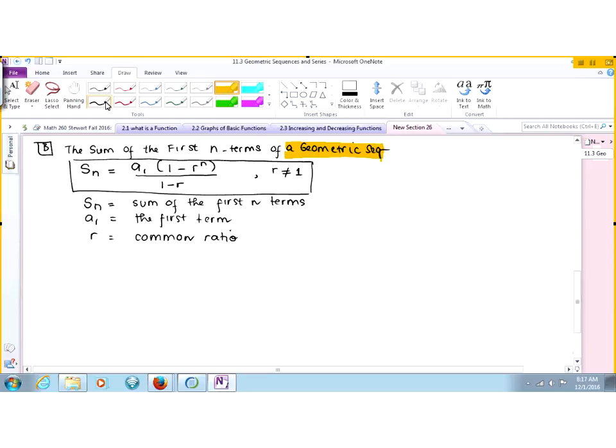All right. Okay. 1 minus R. So, for example, find Sn. Okay, so number 1. 4, 16, 64, 256, that.